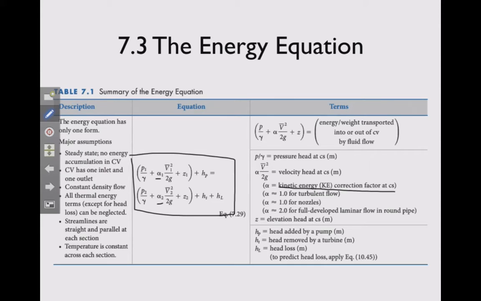And we're going to have to remember all the major assumptions that were made in using this equation. These are going to have to be applicable in order for us to use this. Additionally, we are going to be able to include energy being pumped into the fluid by a pump, energy being extracted by a turbine, and of course we're going to need to account for any of these viscous losses.